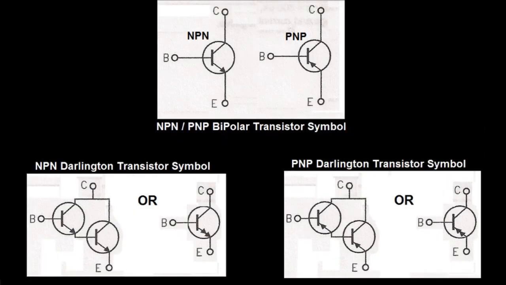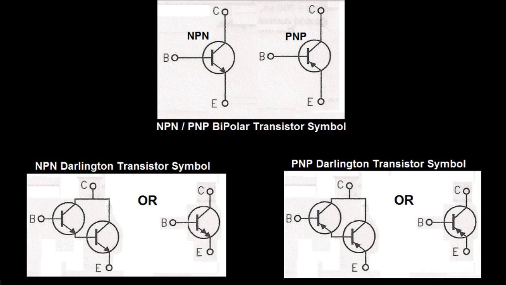Finally, we have the symbols that I'm going to show you. These are the bipolar transistor symbols. As you can see, on the left you've got the NPN and the PNP on the right. This is what their basic symbols are. At the bottom, I show you what Darlington transistor symbols look like.